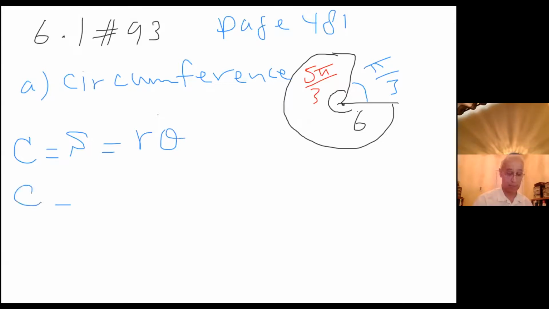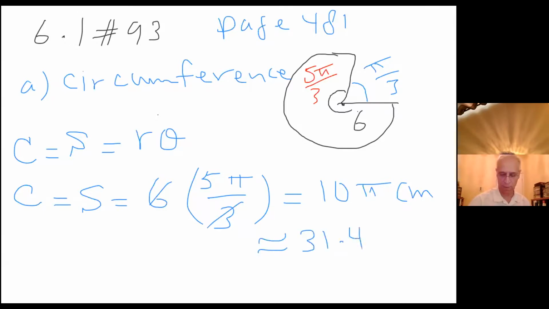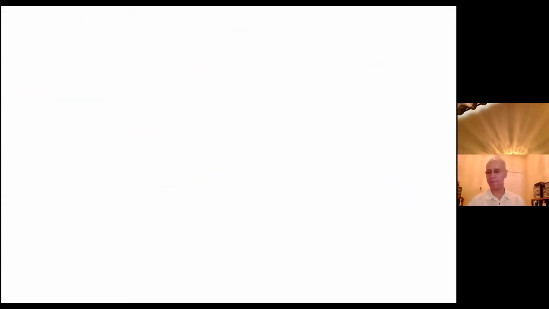So C or S equals the radius, which is 6, times theta, 5 pi over 3. And 3 and 6 cancel out to 2. 2 times 5 is 10. So I have 10 pi centimeter, which is approximately 31.4 centimeter.